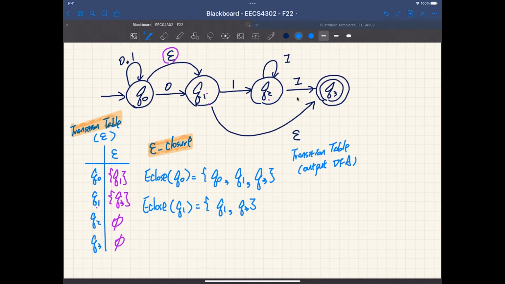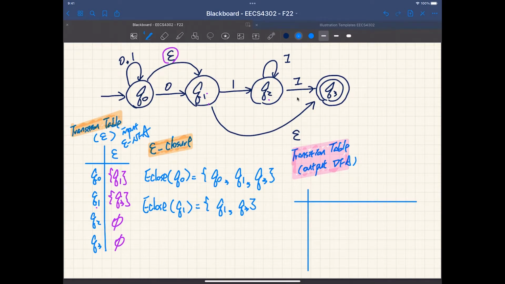The transition table before was for the input epsilon NFA. Let's now take a look. So this will be the ultimate output that we want to calculate. Let's see how we start with that.